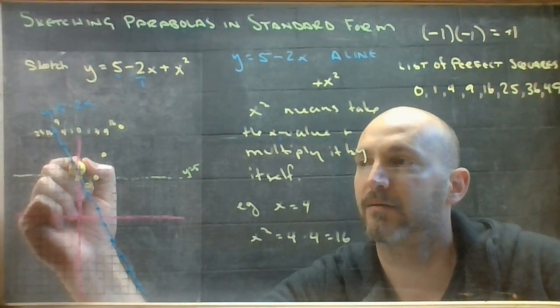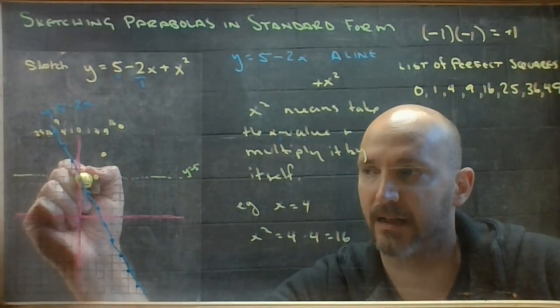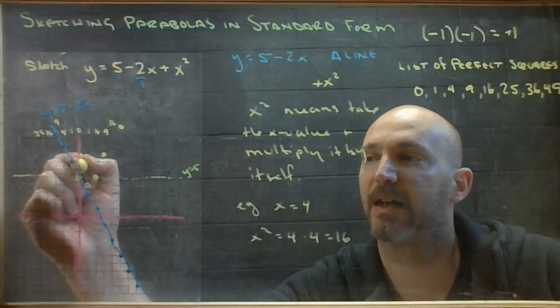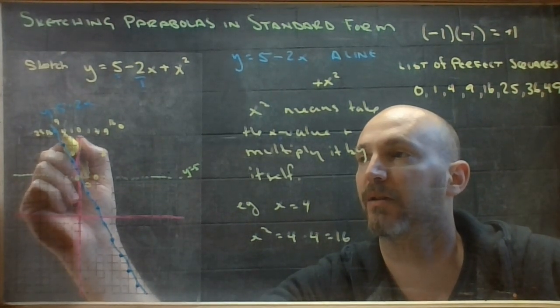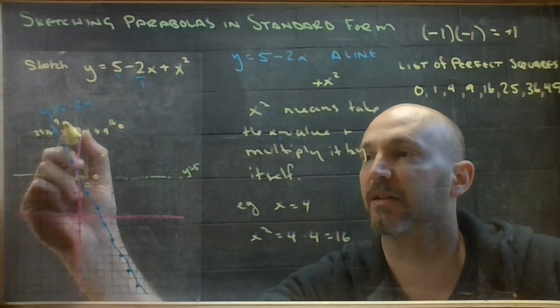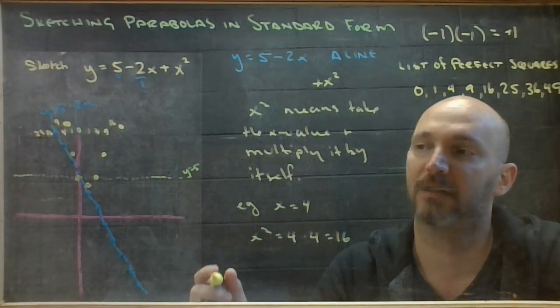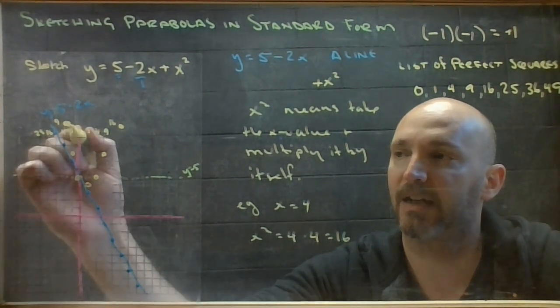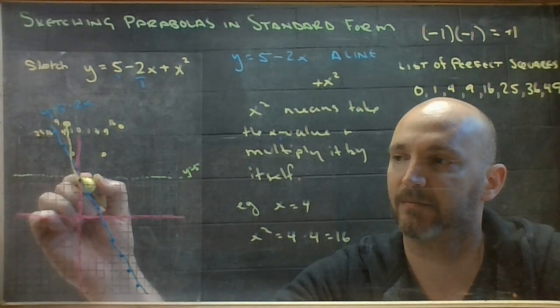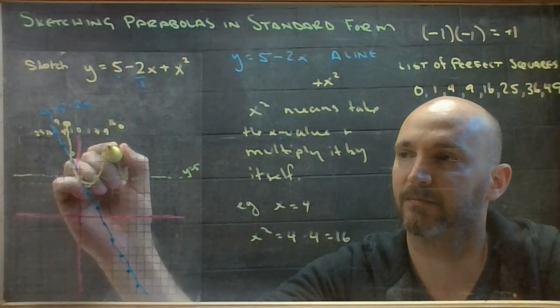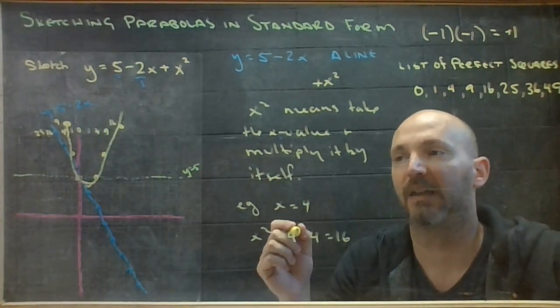From here, I should be adding none. From here, I should be adding 1. From here, I should be adding 4. Puts me here. And if I were to connect all of those dots, I get a shape like that.